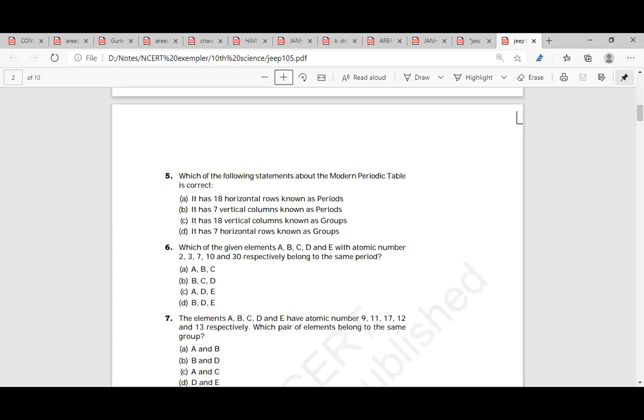Which of the given elements A, B, C, D, E with atomic numbers 2, 3, 7, 10, 30 respectively belong to the same period? So write down the electronic configuration and then find out. Ma'am, for 30 it just continues to 8, 8, 8 like that, right?